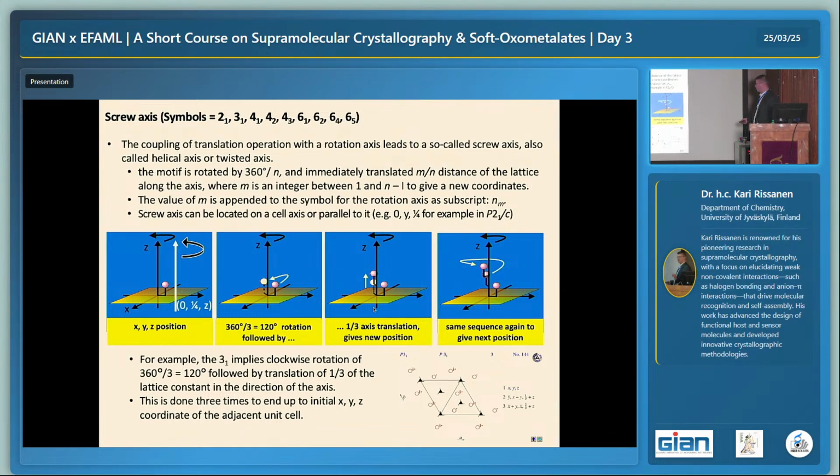These are actually pictures from this book, because now they are inside the computer programs. The computer programs know this. But if you look at one of the first slides in the first lecture, there are some links to it. So there's also an electronic version of these International Tables where these are listed. If you're interested in looking, you can find it.